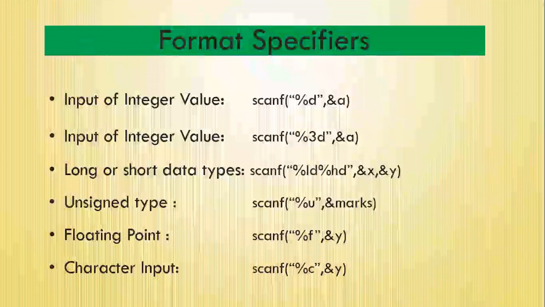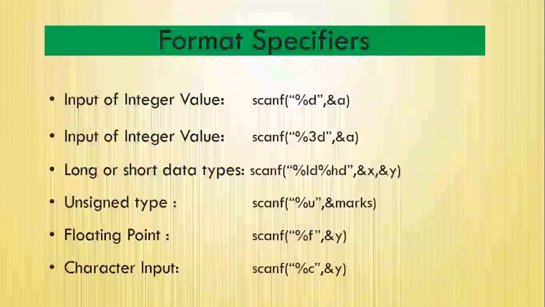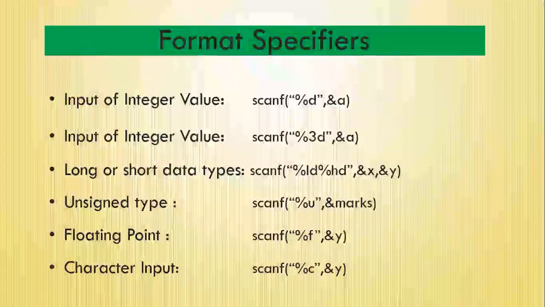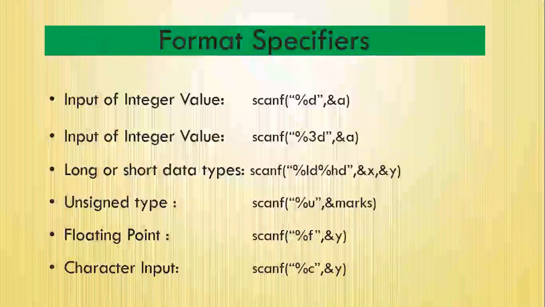In a character input such as a name or address, the sequence of characters that constitute the name or address should be typed. The total number of characters present in the name or address must be specified in the control string. The scanf statement to read a name or address with the %c character group is the same as written in the slide.